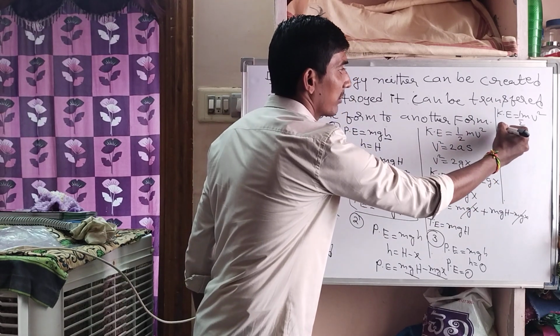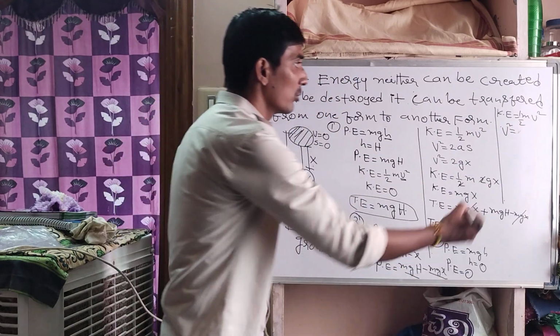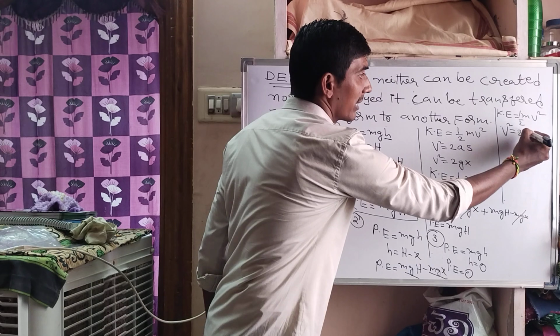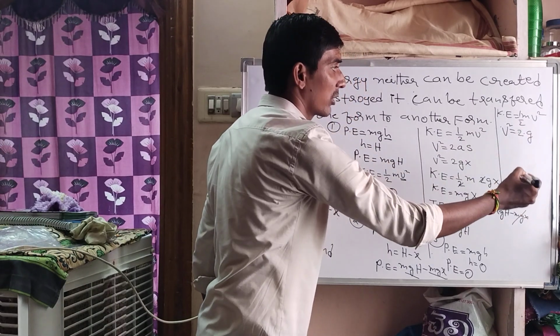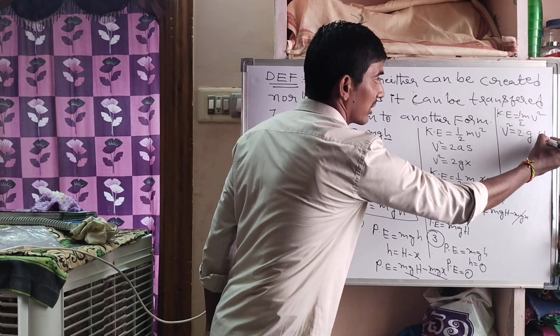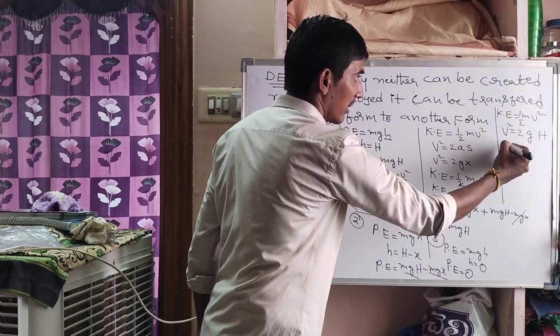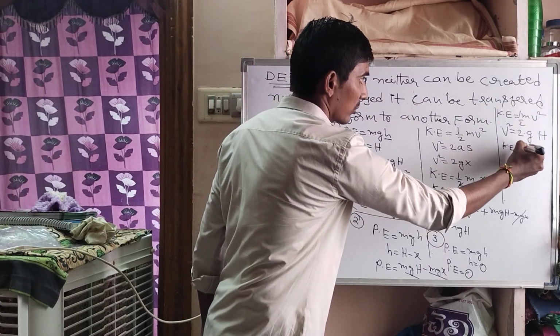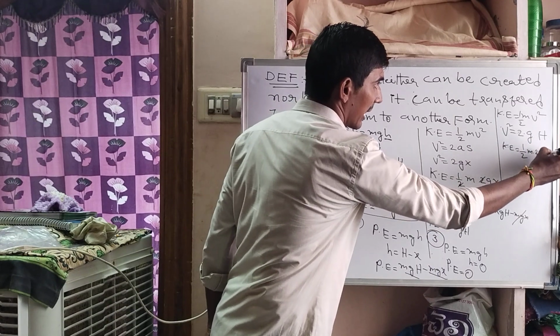But in the freely falling condition, v square is equal to 2as. Here a means g, and s in the third position of the object means the displacement h. Substituting this, kinetic energy is equal to 1 by 2 m into 2gh.